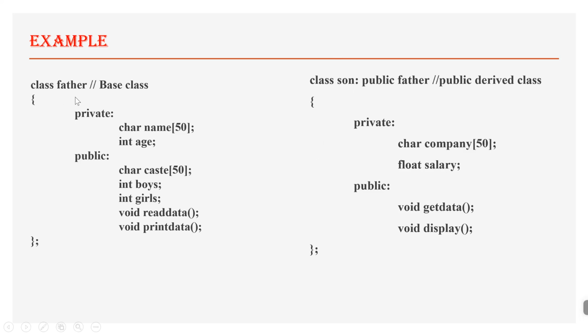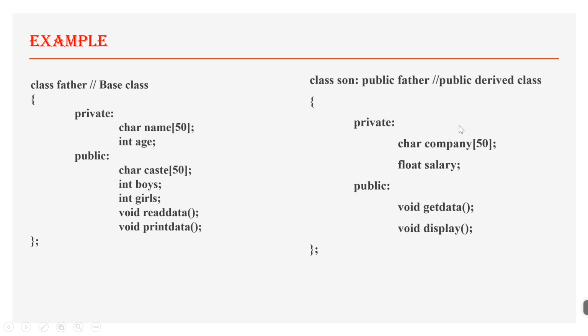Suppose if you define an object under class father, company as well as salary will not be visible, will not be a member of any object which is of type father. Company and salary are the data members of only objects created under son, which is a derived class of the base class father.